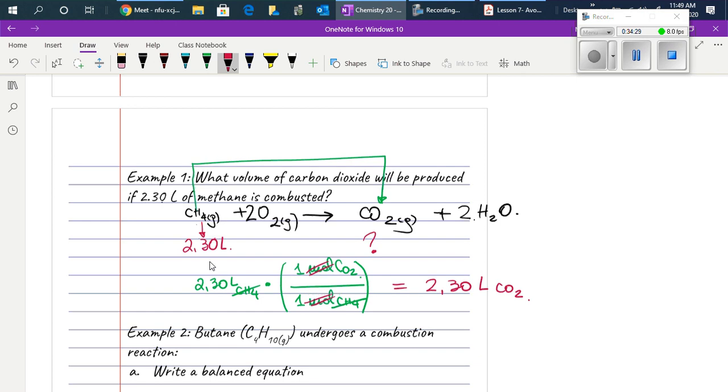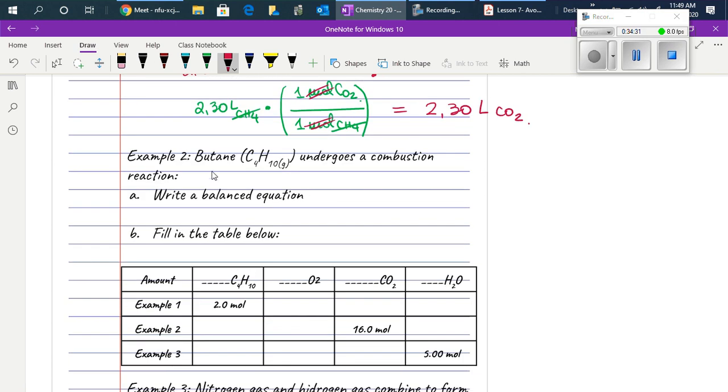Okay. Now let's see what happens when butane undergoes a combustion reaction. Let's write a balanced equation.